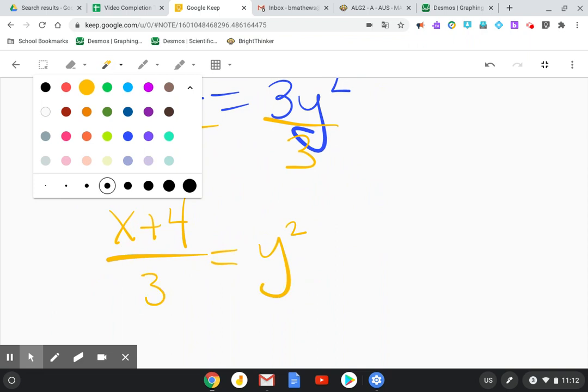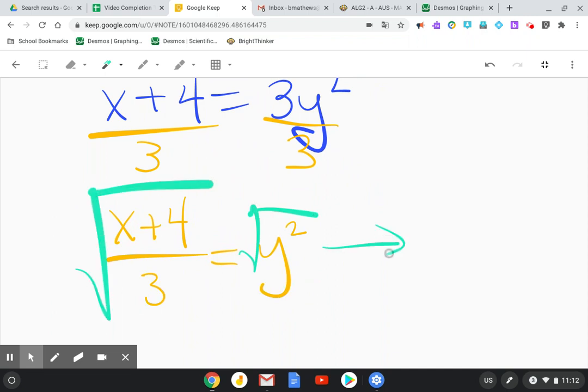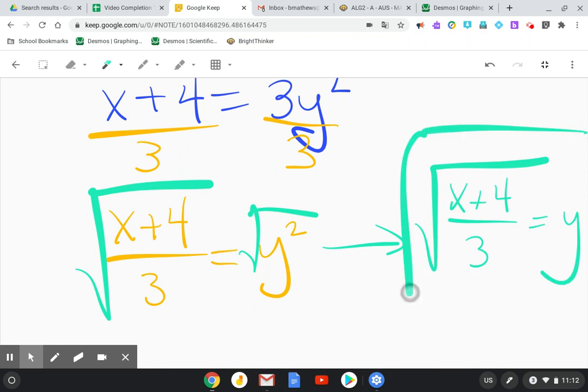How do I get rid of squared? I have to do the square root, which is the opposite of squaring something. That gives me the square root of x plus 4 divided by 3 equals y. And that would be the inverse.